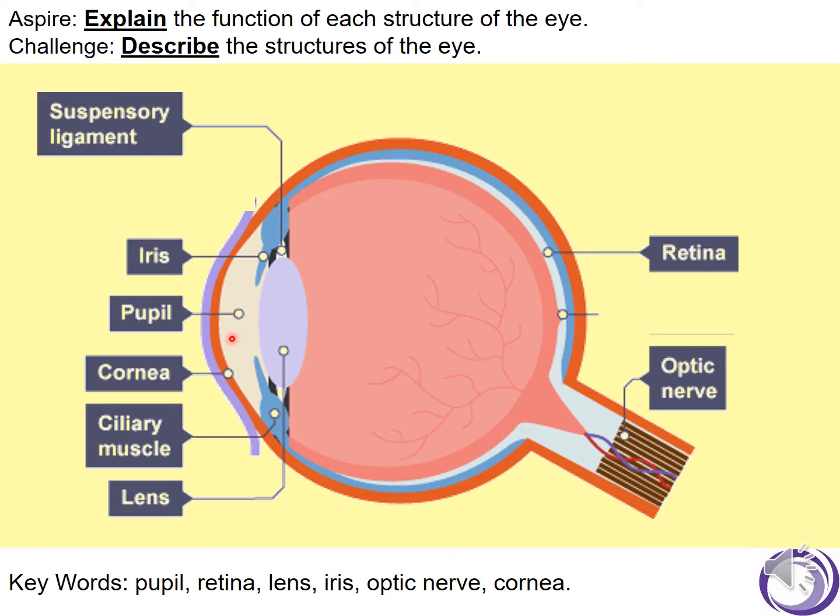We then have the hole in the eye, the black hole that you see when you look in a mirror, called the pupil. It is a hole that's created by the iris. The iris is a circular muscle that runs around the pupil and changes the size of the pupil, as we'll hear about later in this presentation.